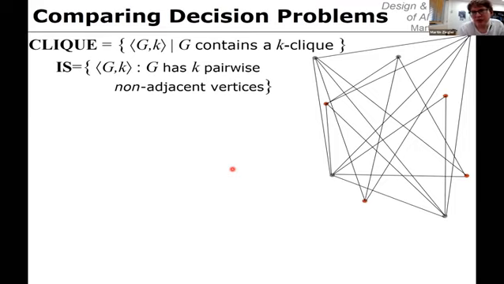That's what we've just argued constitutes a polynomial time algorithm for the independent set problem. Which means that the independent set problem cannot be harder than the clique problem. We don't know whether there is a polynomial time algorithm for clique or not, but if there is, then there also is an algorithm for the independent set problem.